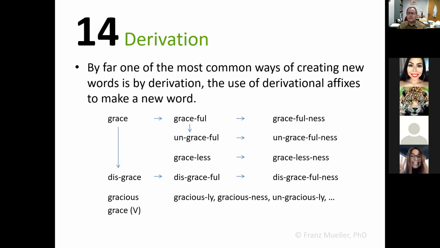And then, of course, there's the word to grace, which is a verb where you don't add any prefix or suffix. You just change the word class to an action word, to a verb, right? So you can say, her picture graced the cover of this month's magazine or this week's magazine, right?